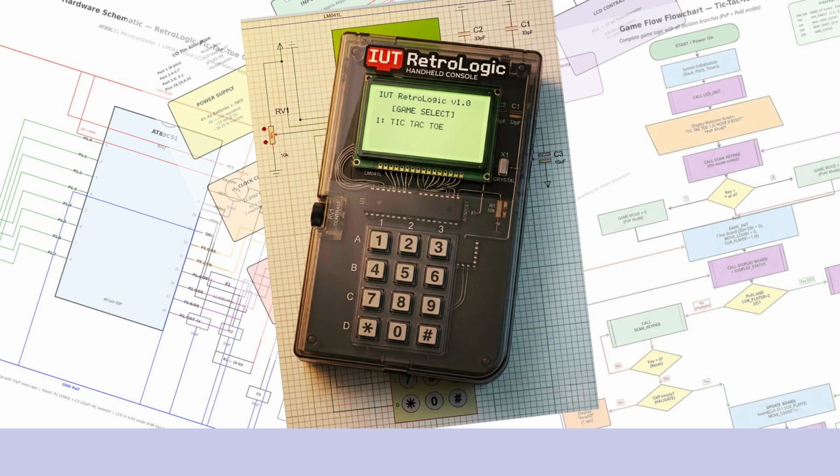Our device supports two modes: player versus player, where two people play on the same device, and player versus AI, where the player competes against a rule-based AI opponent. The game is displayed on a 16 by 4 character LCD and controlled through a 4 by 3 matrix keypad.